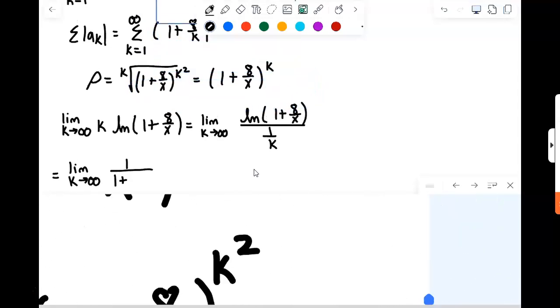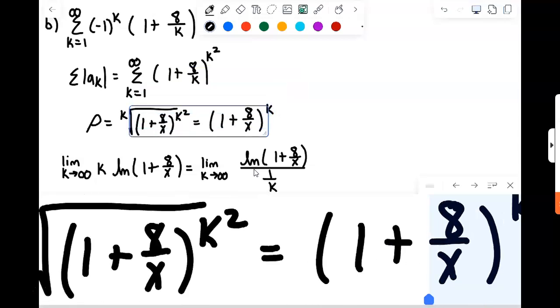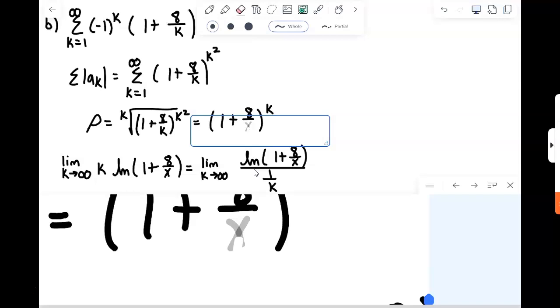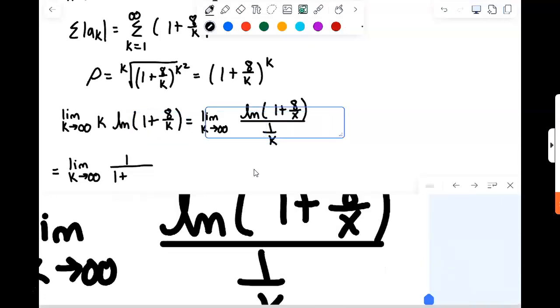I do apologize. I think I misread my k here, and somehow my mind started thinking of x's. So let me quickly fix that. So those should still all be k's.